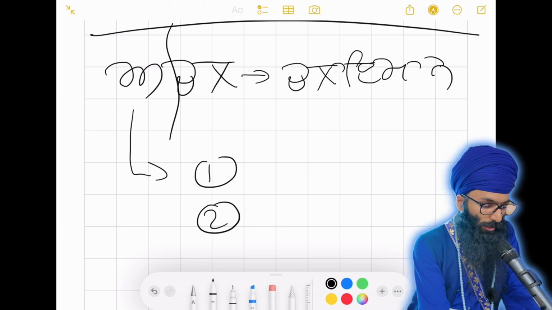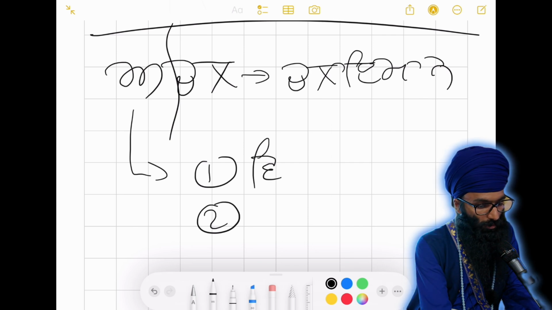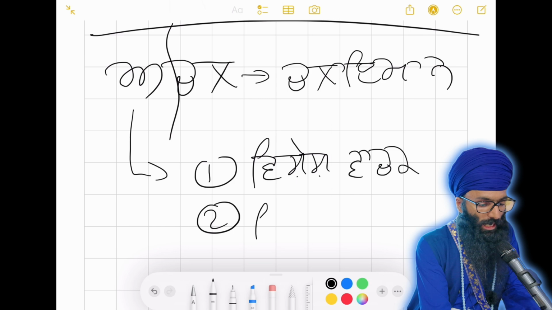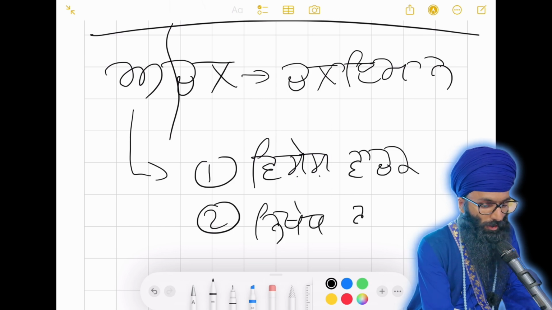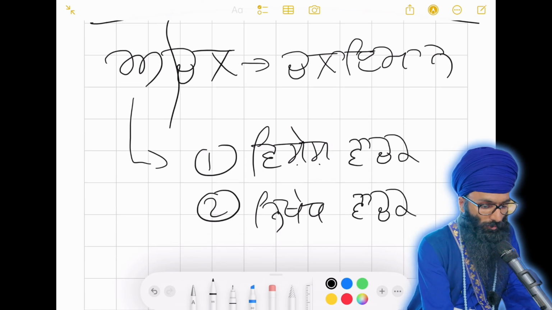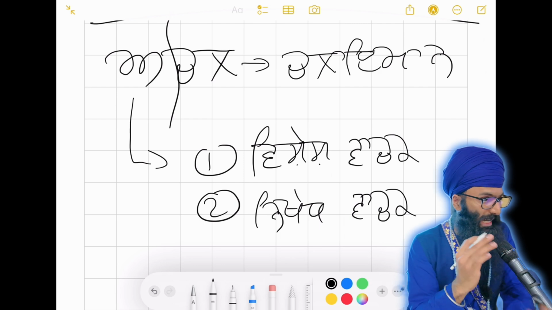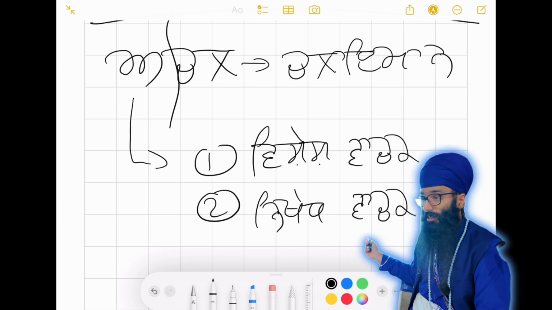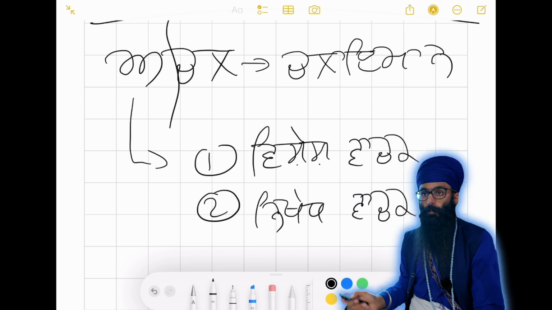In Katha, we will say Vishesh Vachik, and then Nikhed Vachik. This ada can do two things. It can play two roles, okay? Either it could be Vishesh Vachik or it could be Nikhed Vachik.